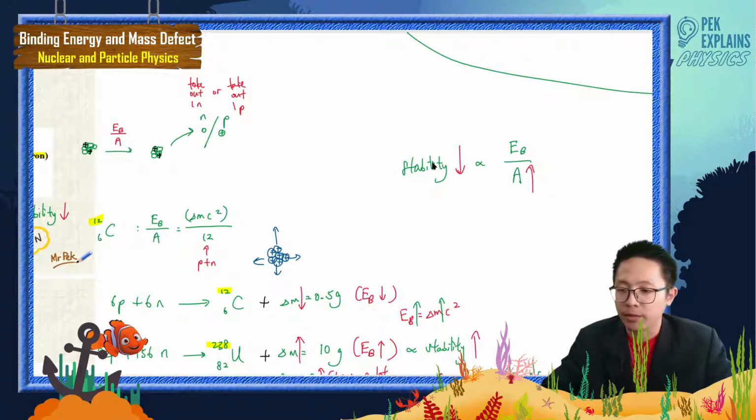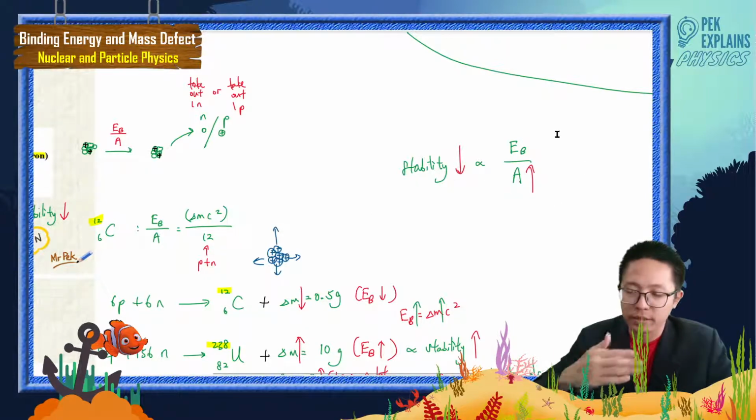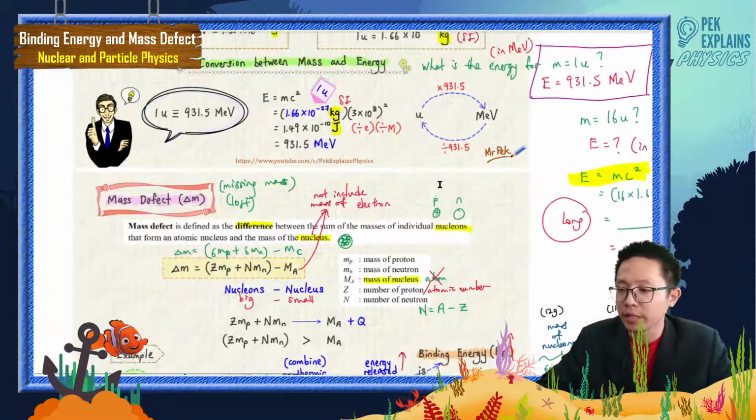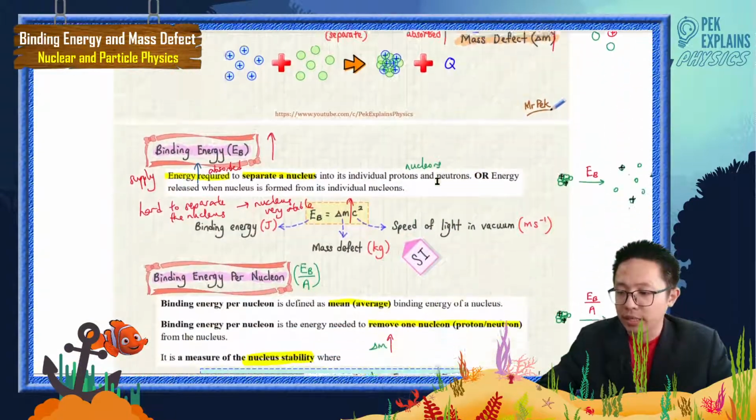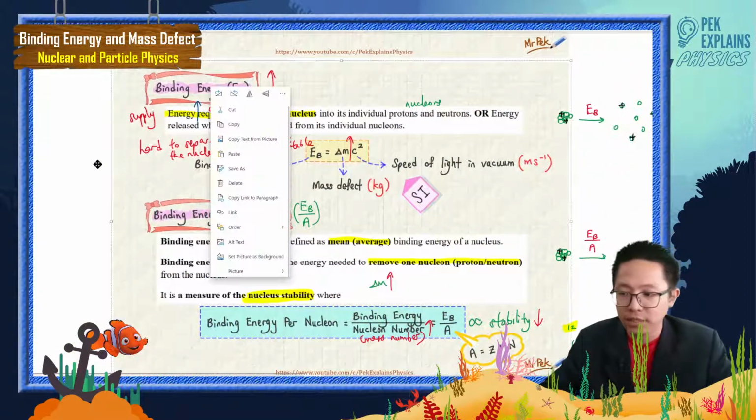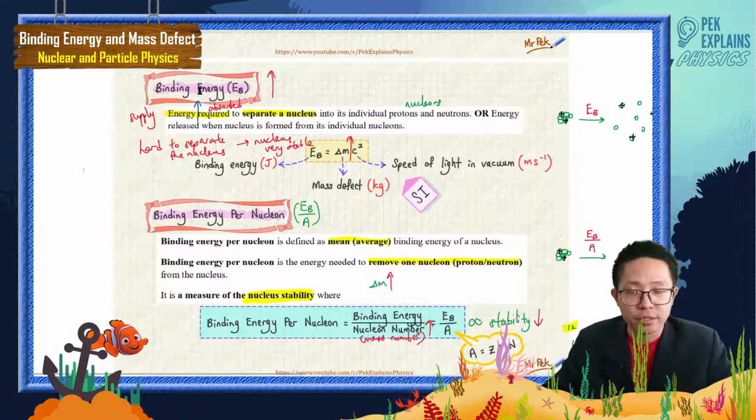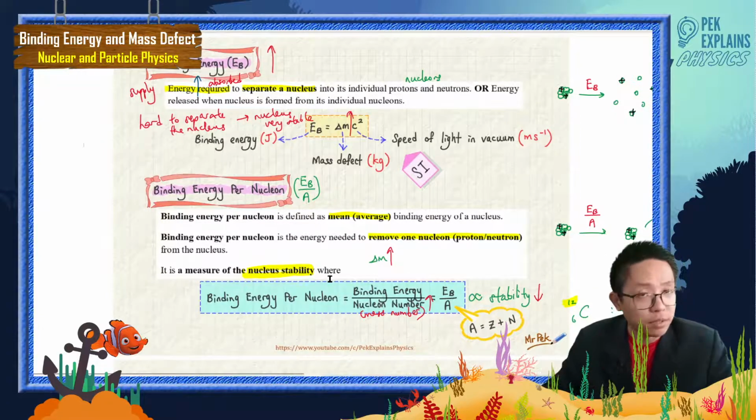That's why we cannot just consider binding energy for the stability of the nucleus. We need to consider also the nucleon number. That's why when we talk about the stability of the nucleus, we use binding energy divided by the nucleon number.